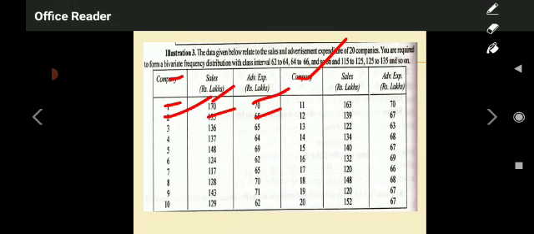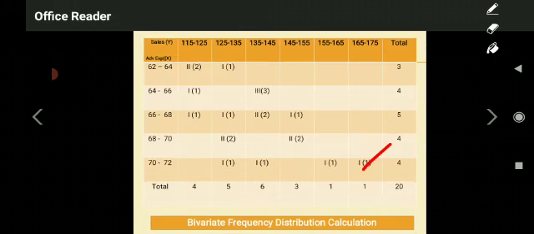Look at the table over here. What is the value? 135 and 65. 135 is sales and 65 is advertisement expenditure.